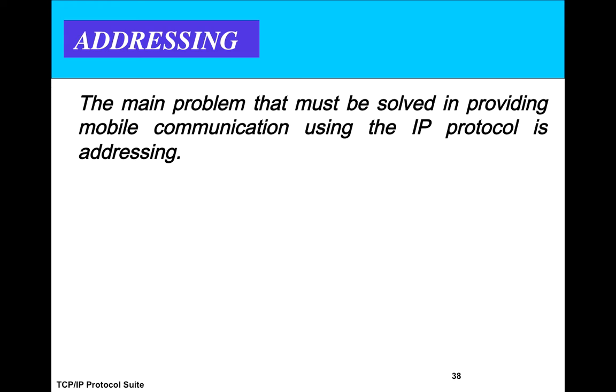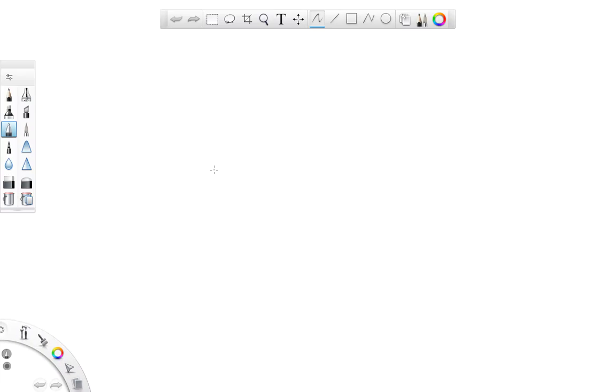Now, we have looked during the addressing topics at how we have an IP address that helps us to identify a device on a network. Any device that belongs to a network will have an IP address.